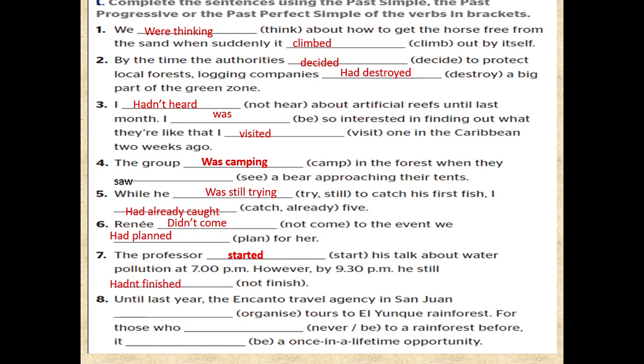Until last year, the Encanto travel agency in San Juan had organized tours to the rainforest. For those who had never been to a rainforest before, it was a once in a lifetime opportunity.